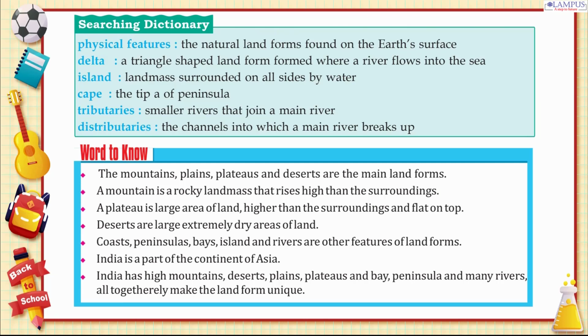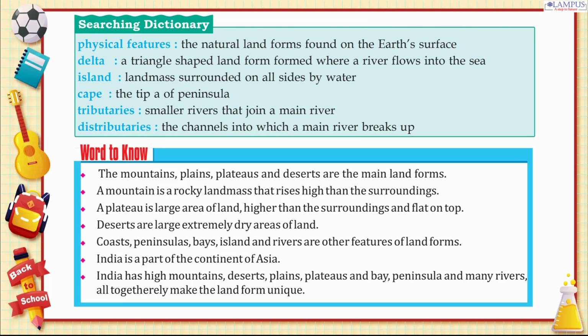Word to know. The mountains, plains, plateaus and deserts are the main landforms. A mountain is a rocky landmass that rises higher than the surroundings. A plateau is a large area of land, higher than the surroundings and flat on top. Deserts are large, extremely dry areas of land.